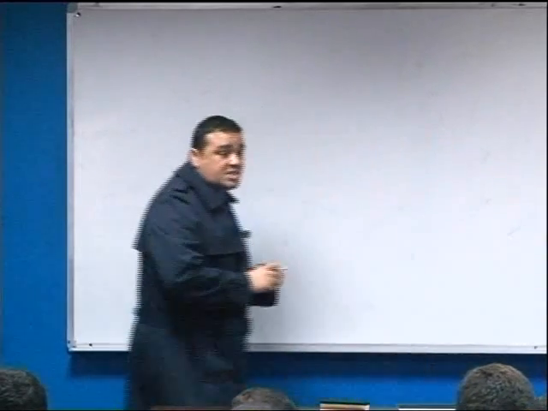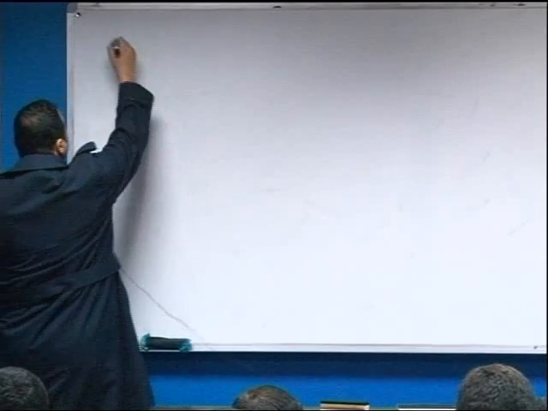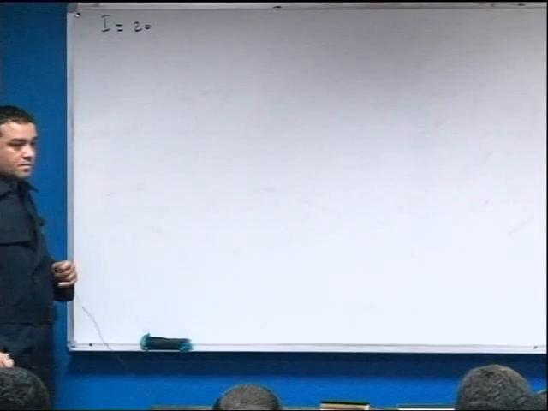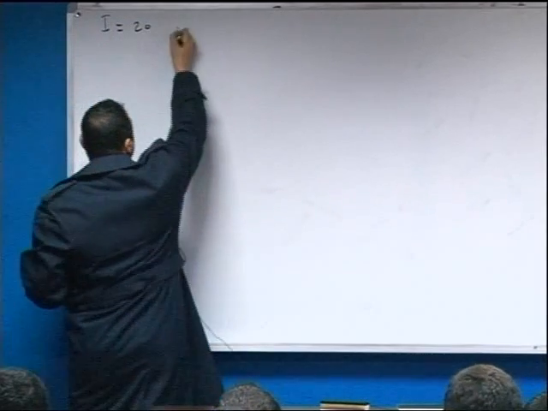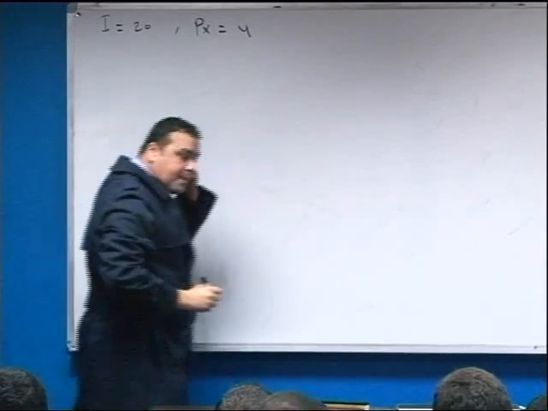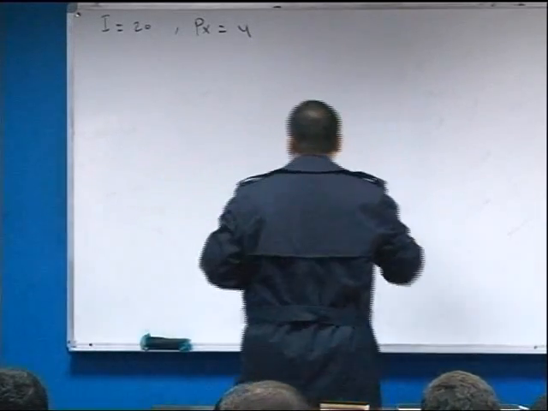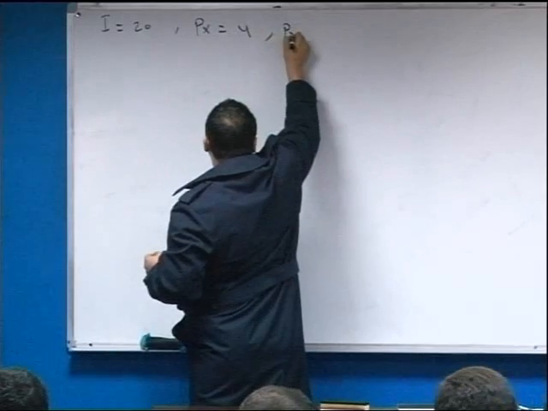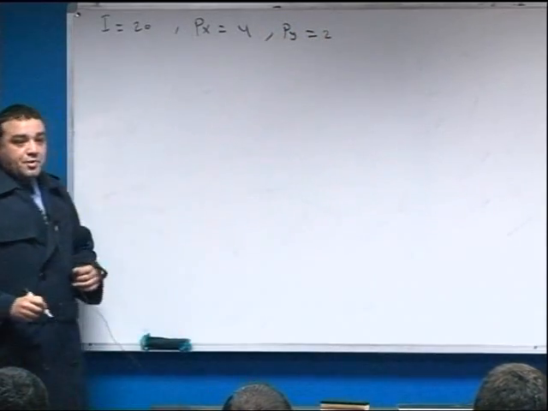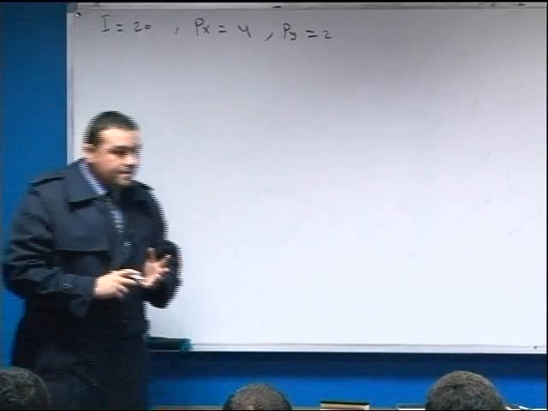Suppose that the consumer income equals 20, the price of X equals 4, and the price of Y equals 2. Number one, derive and draw the budget line.